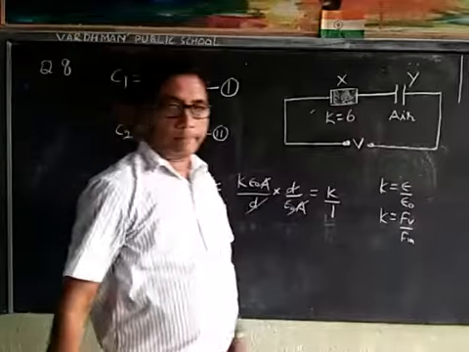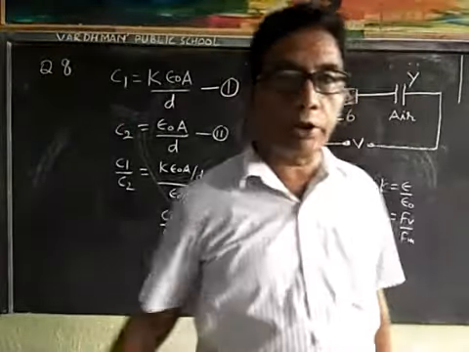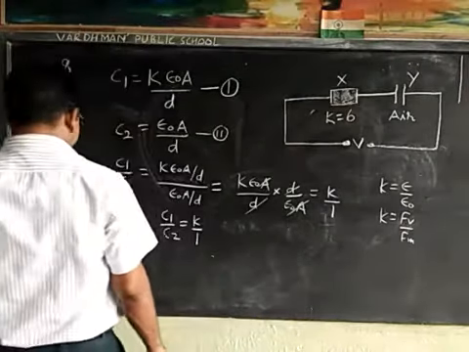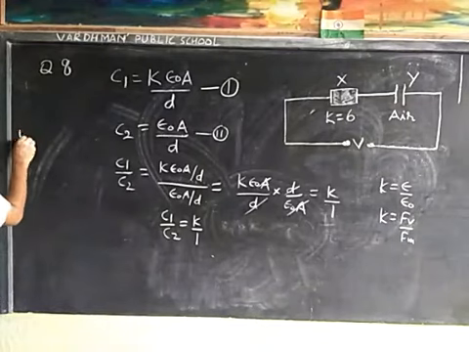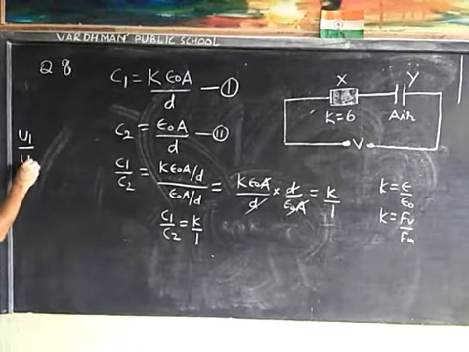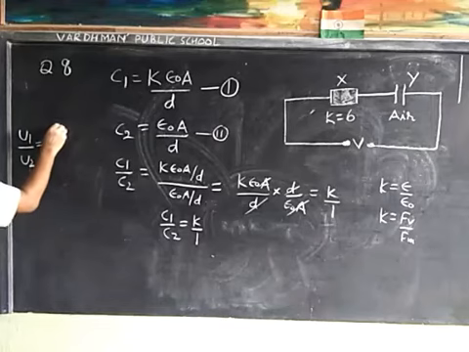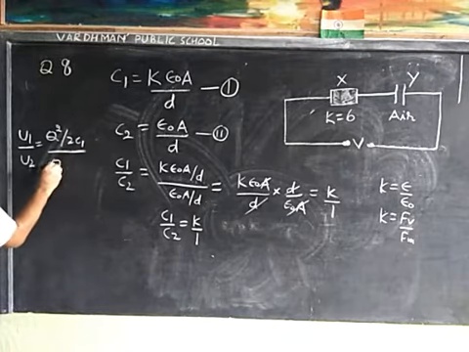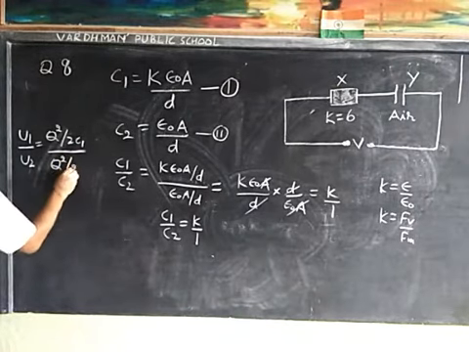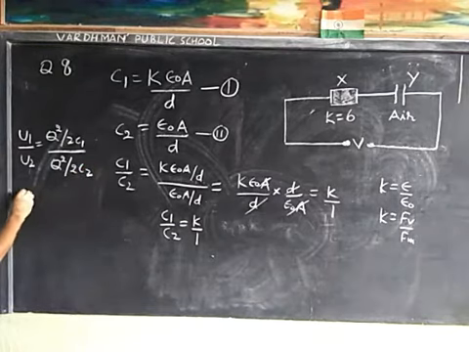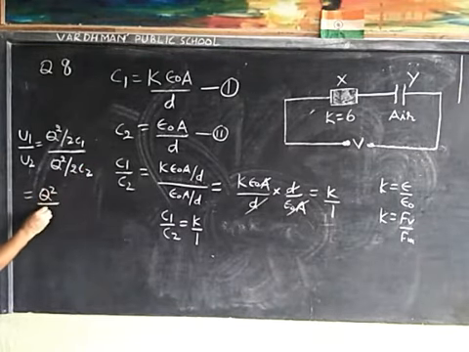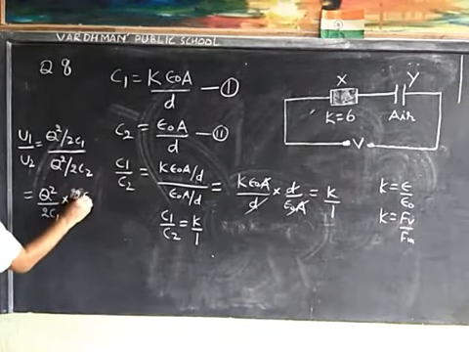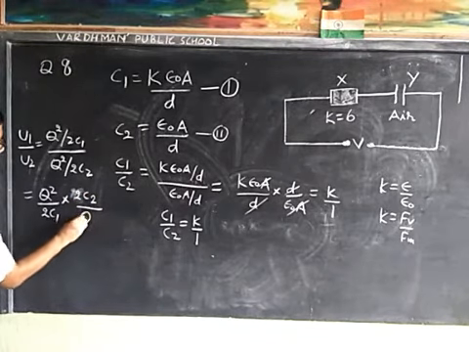But you have to find the ratio of the energy stored. Now for energy stored, we will find U1 upon U2, which is Q square upon 2C1 upon Q square upon 2C2, which is equal to Q square upon 2C1 into 2C2 upon Q square.